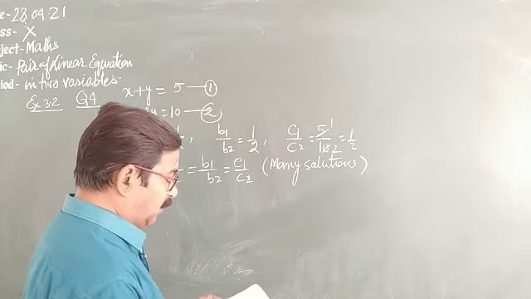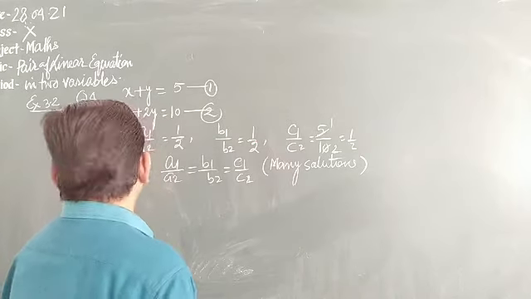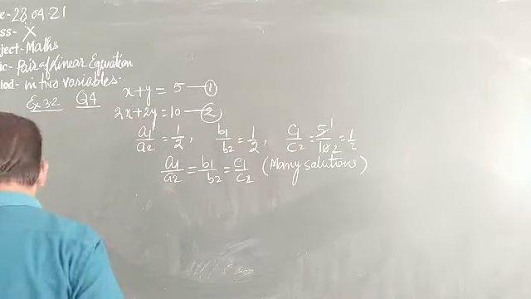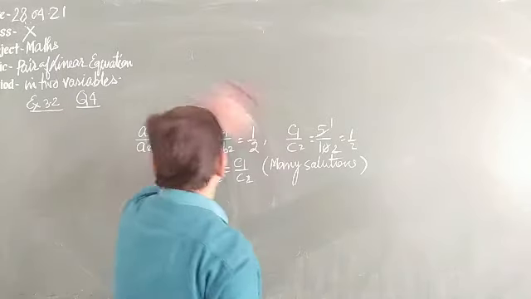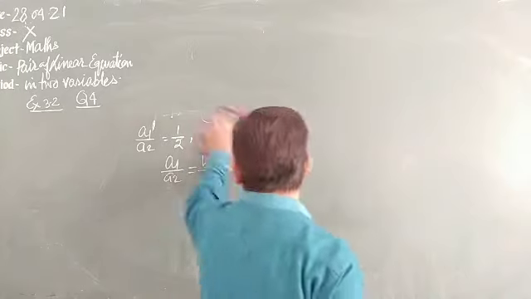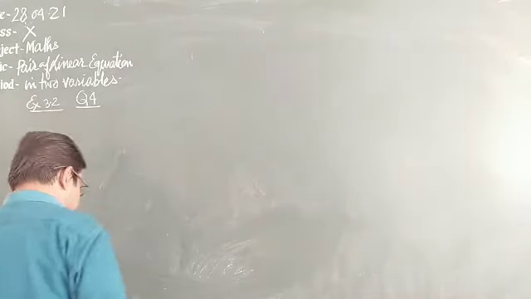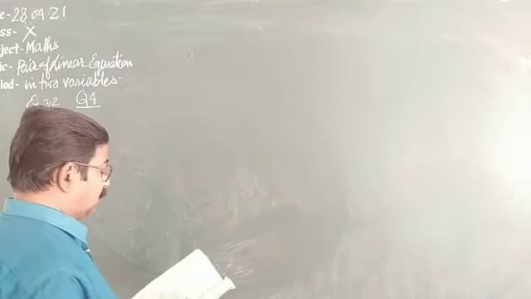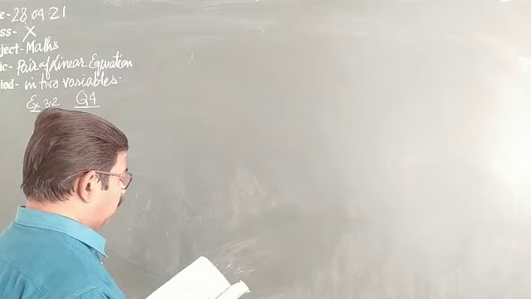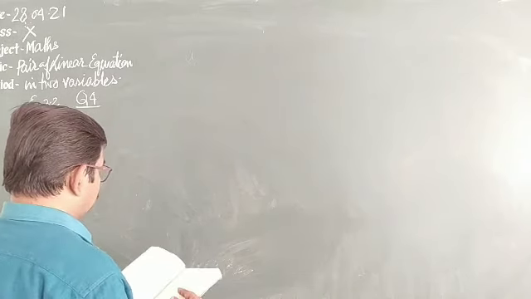I am checking one of the parts again. It's the third part: 2x plus y minus 6 is equal to 0.